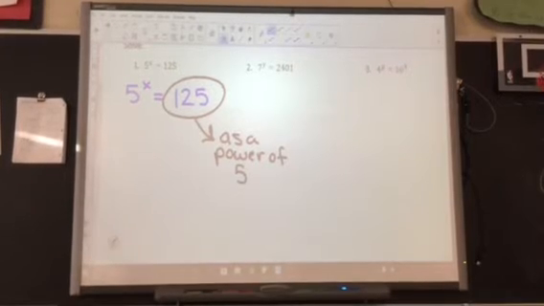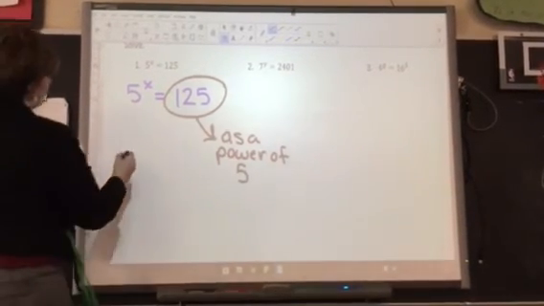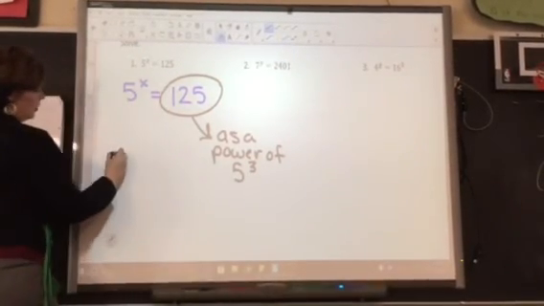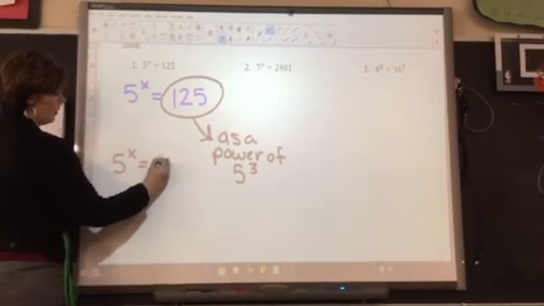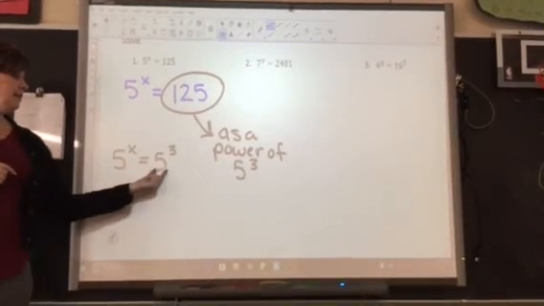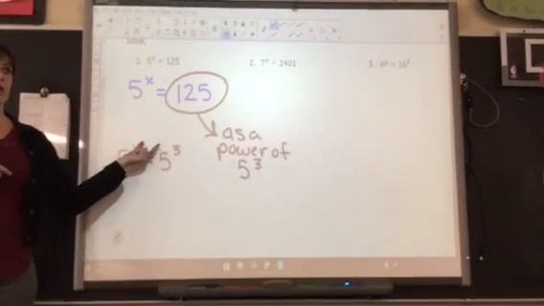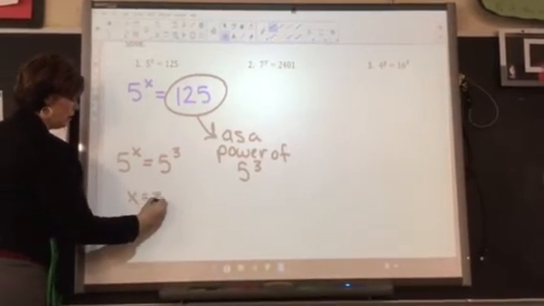What's another way to write 125? What's 5 cubed? 125. So 125 is the same thing as 5 cubed. So really I have 5 to the x equals 5 cubed, okay? When the base is the same, the exponents are also the same. That means that x equals 3.